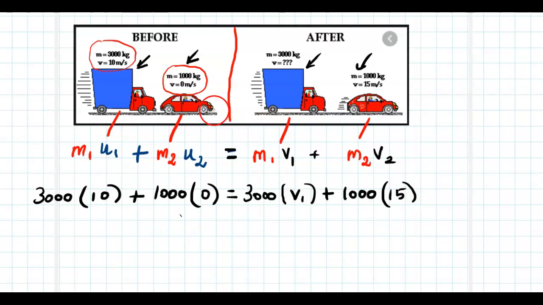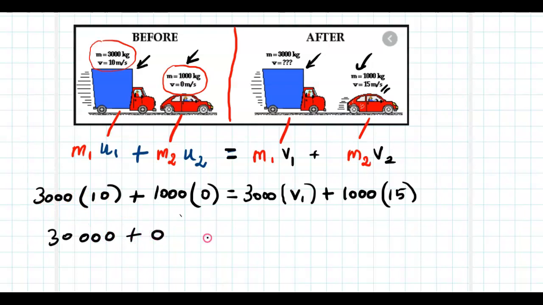Because when the truck hits the car, it transfers its energy, it transfers its momentum. So as the energy is transferred, the car is moving with a velocity of 15 meters per second. It is the impact.